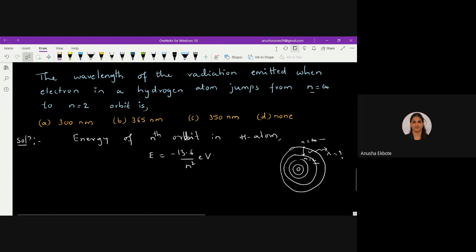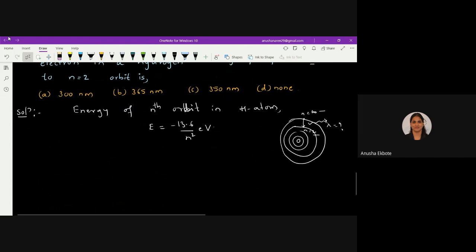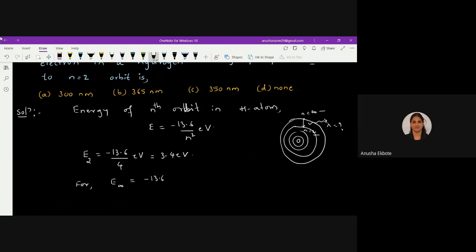First, find the energy of the second orbit and the infinite orbit. If I take the energy of the second orbit, then this value will be minus 13.6 divided by 4 in eV, which comes to minus 3.4 electron volts. Similarly, if we do it for the infinite level, E infinity is equal to minus 13.6 divided by infinity, which comes to 0.